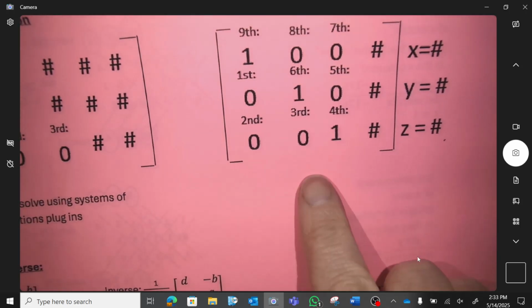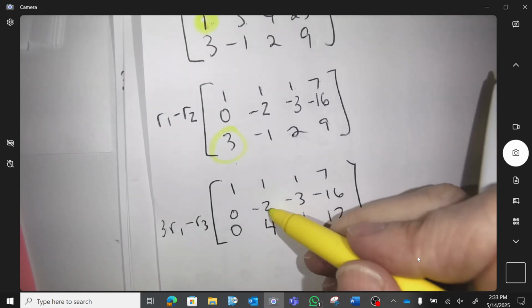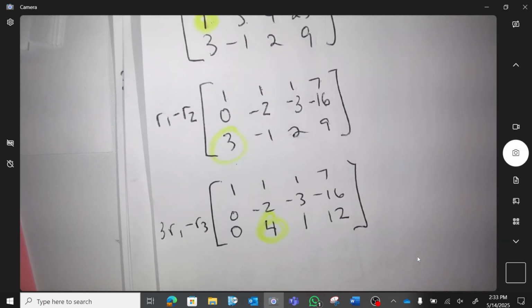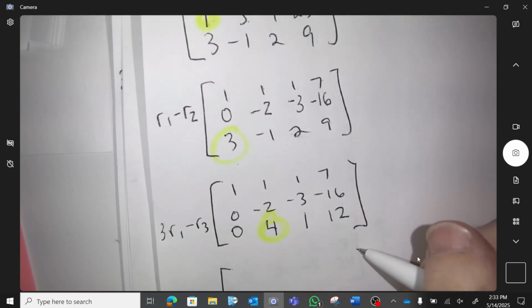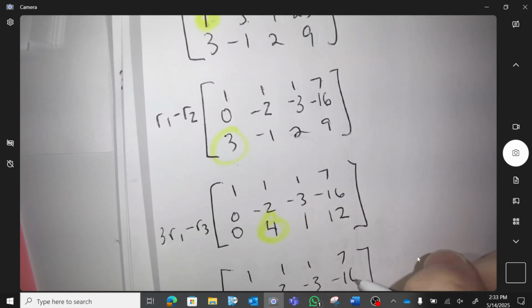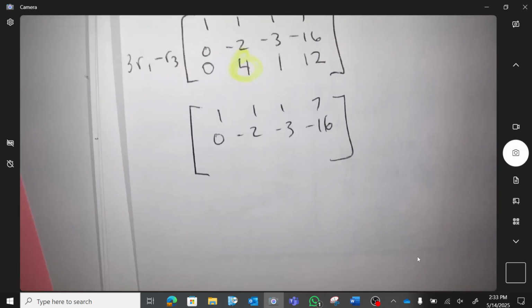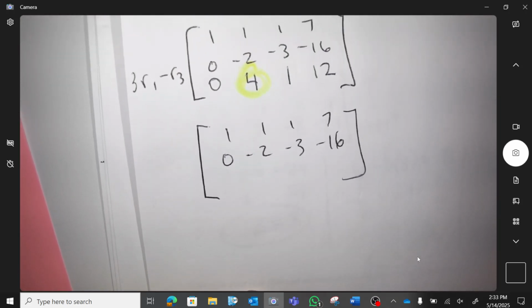Okay. Third, I need to 0 this number. Third step, 0 that thing. Don't forget to make sure everything else stays zeros that's already been zeroed. Okay, so copy, copy, copy, copy. Okay, which row do you have to combine it with so that the zeros don't deactivate?